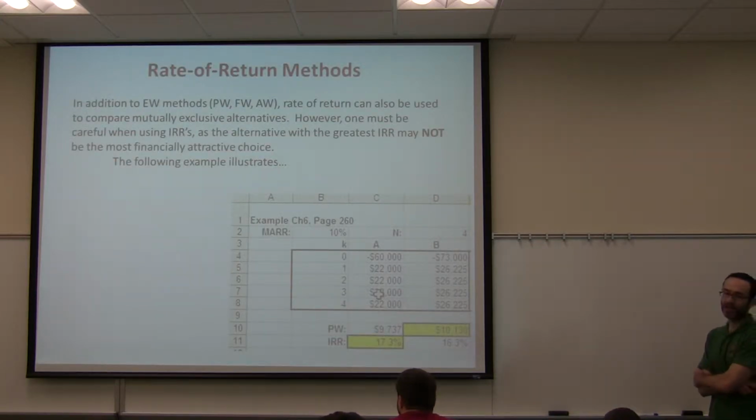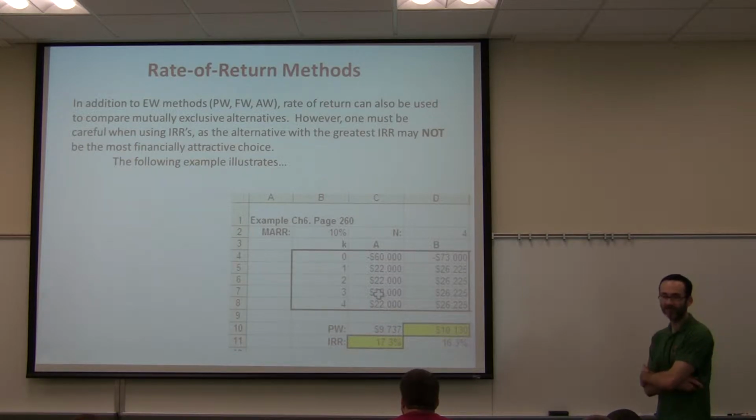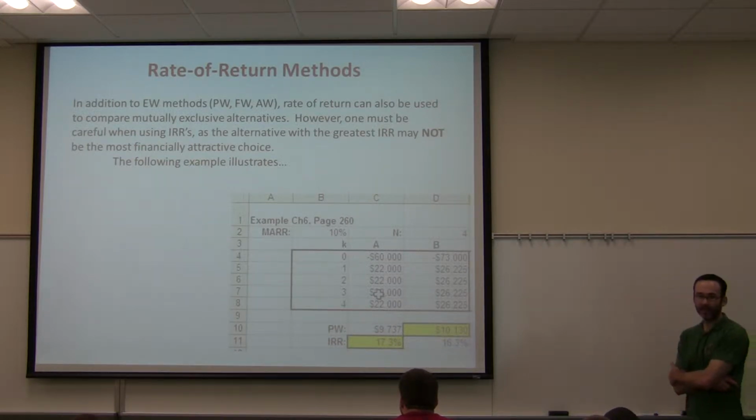Remember, yesterday we were comparing alternatives by doing equivalent worth methods, and so we would have two different alternatives. Maybe they last a different amount of time. So we learned a couple of techniques to account for the fact that some equipment lasts for shorter periods than others, and so there was the repeatability method.